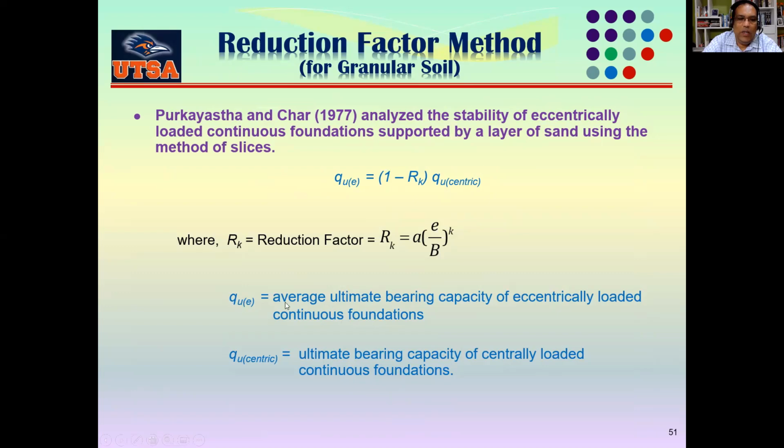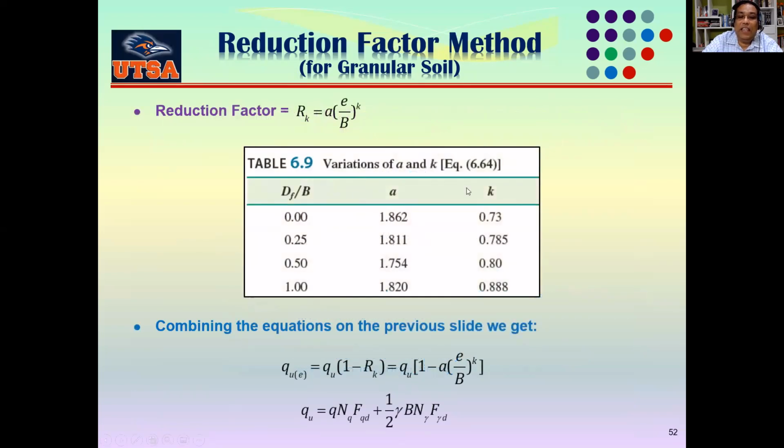And Q_u,e is the average ultimate bearing capacity of an eccentrically loaded continuous foundation, and Q_u centric is the ultimate bearing capacity of a centrally loaded continuous foundation, okay? So we have to find out the Q_u centric by the usual method, and then we have to find out your R_k. But to find your R_k, you also need to know your a and k, which is given in this table, and follow the equation here.